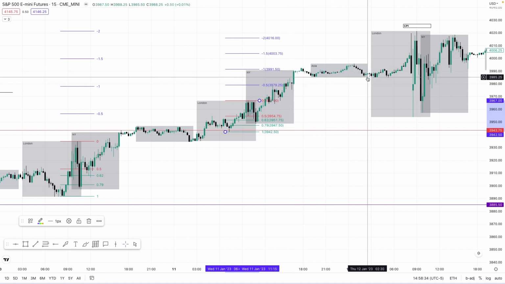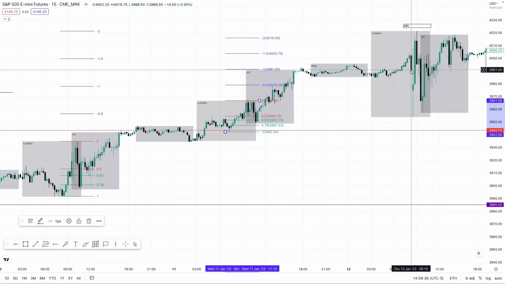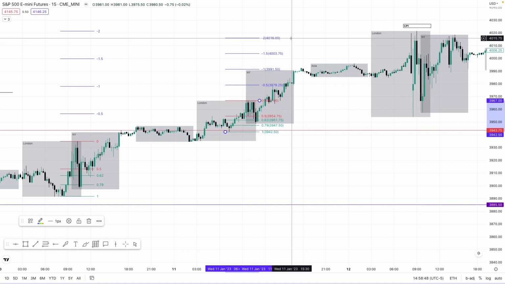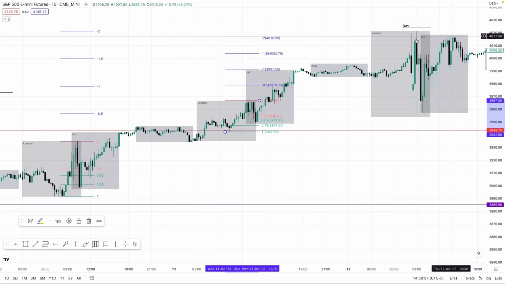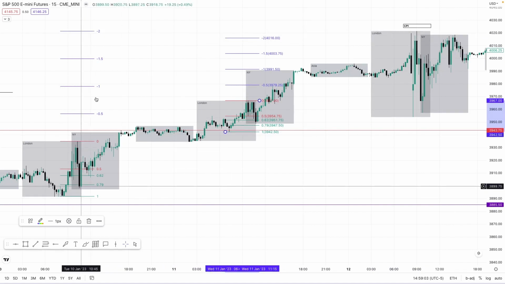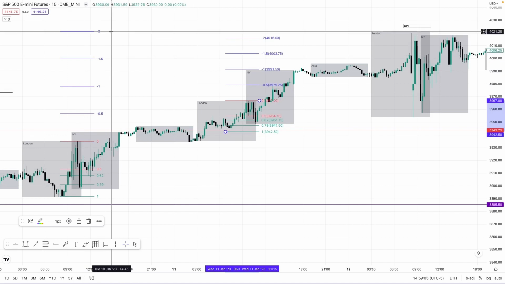Asia consolidates, London consolidates, and then we start getting volatility right before CPI, and we have our CPI data release, and we get this huge amount of volatility. But what do we get? We have this 2 fib projection, which price runs up into multiple times, and then our one from this previous range that was created, and we see price touches into that area.